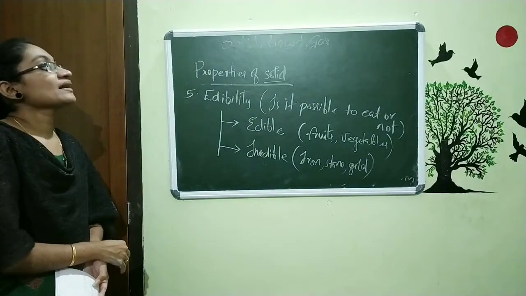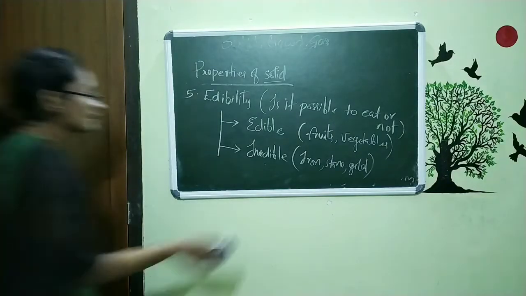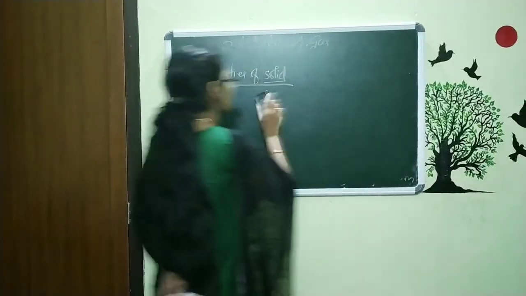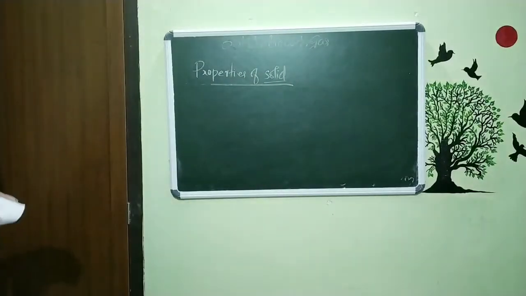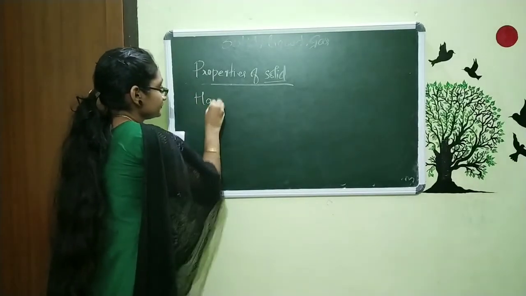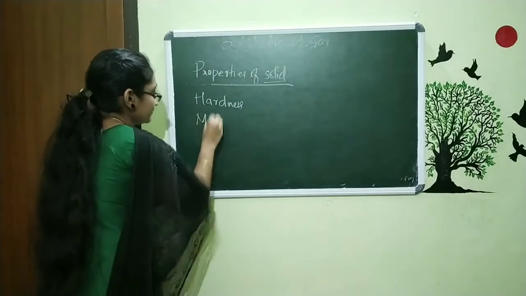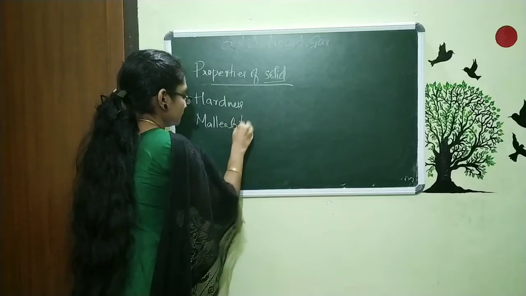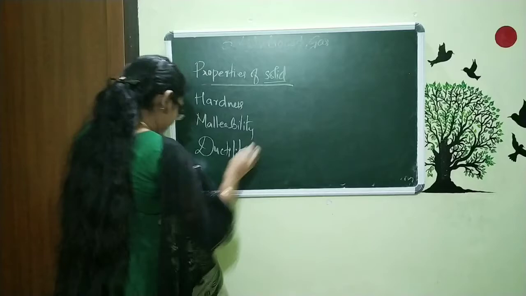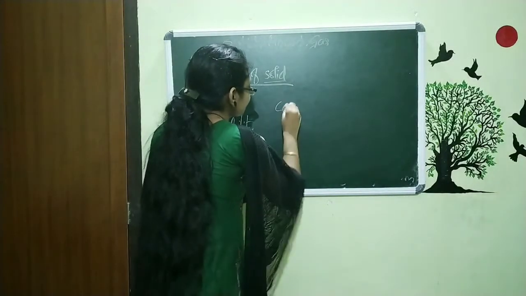So these are the properties of solids. Which properties did we explain? I am just going to conclude this topic. First we explained hardness. Then malleability, ductility. Then combustibility.